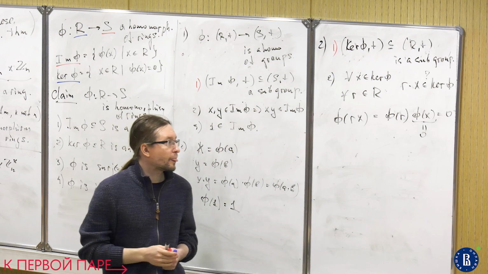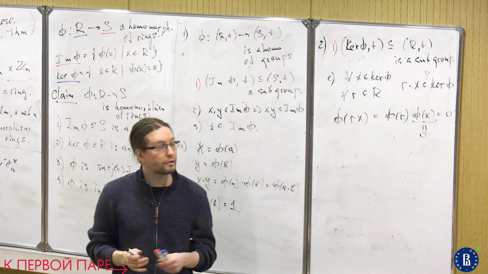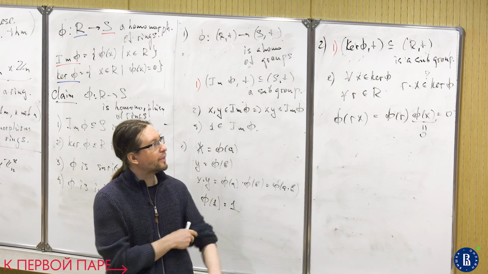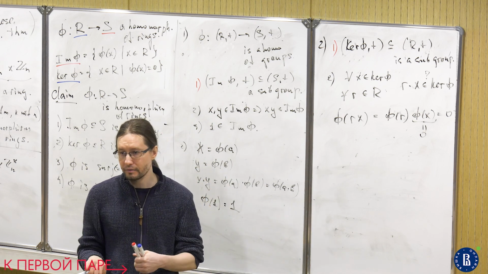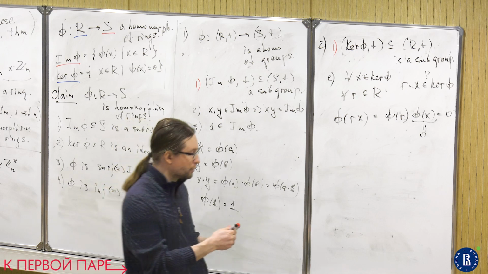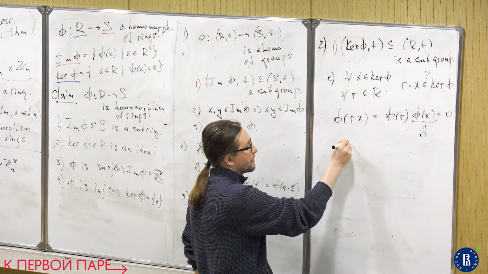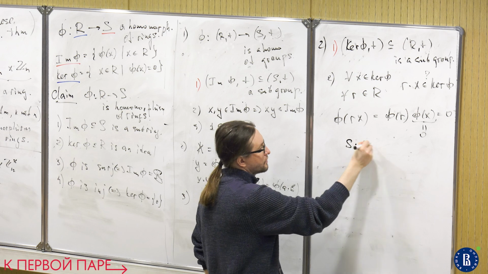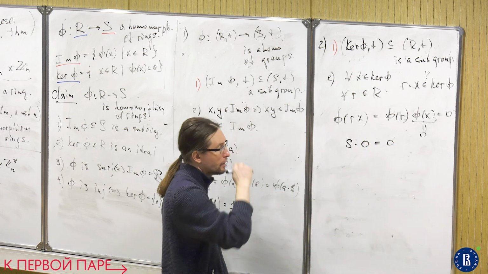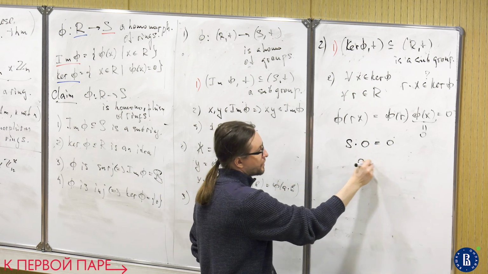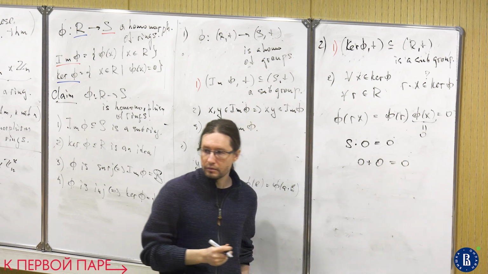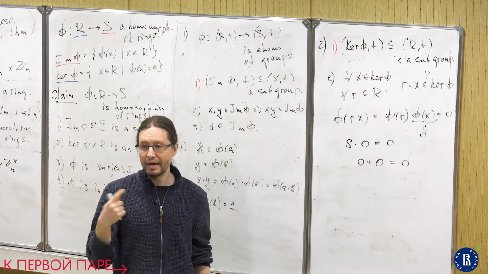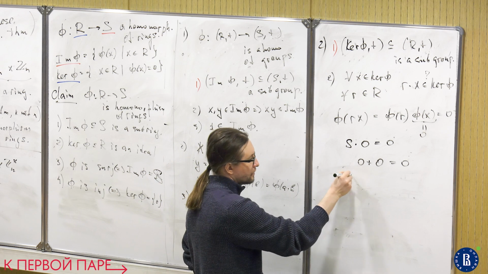Well, I haven't proved yet that if you multiply something by 0, then the result is 0. But let me show you why this is true. So if you have an element s and you multiply it by 0, the result will be 0. Why? Well, because 0 plus 0 equals 0. Now, multiply this by s on the left.